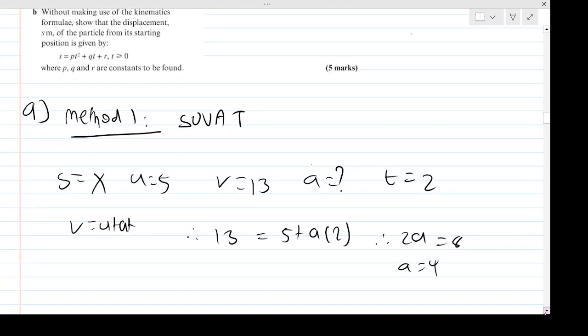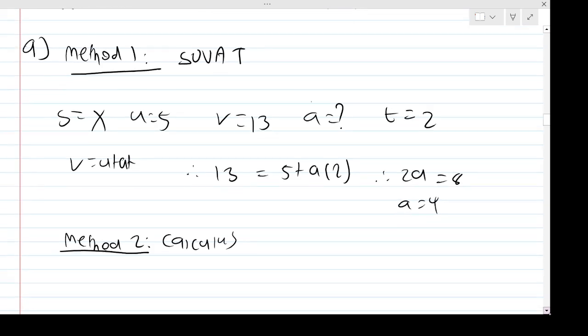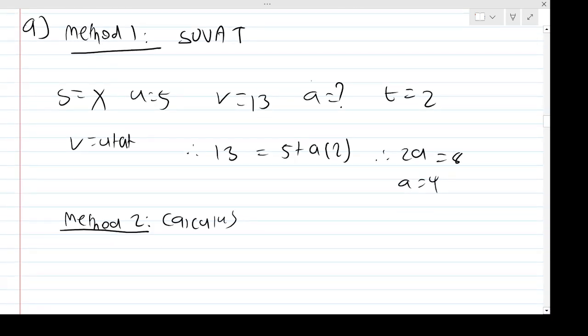And there we are. Now the other method we can approach this by is using our calculus method. So almost treating it like it's variable, right? In the exact same way we've been doing this whole chapter. So how are we going to approach finding the acceleration this way? Well, I'm going to start by calling the acceleration the function a of t, and I'm just going to call it a.